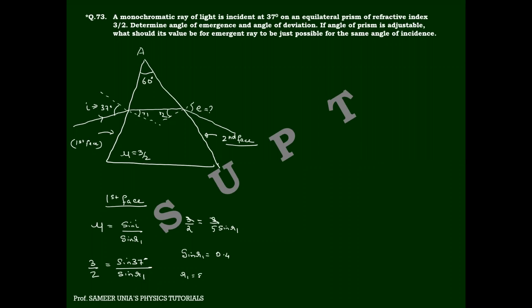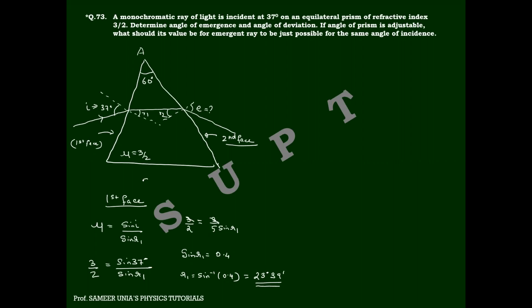So R1 is going to become sine inverse of 0.4. Okay, sine inverse of 0.4, you can do it by calculator. Okay, and right now when I'll teach you, you'll come to know. That is 23 degree 39 minutes. ये मिल जाएगा आपको R1 का वैल्यू.